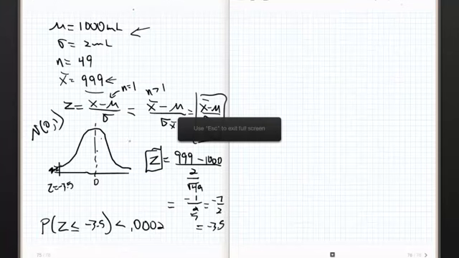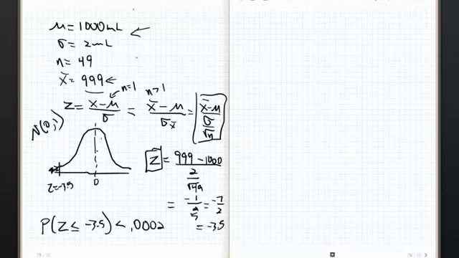Now, what does that really tell us? In theory, we are actually testing the validity of the claim by the Pepsi company, that they're putting a liter of Pepsi in each one of these liter bottles. We're testing that claim.